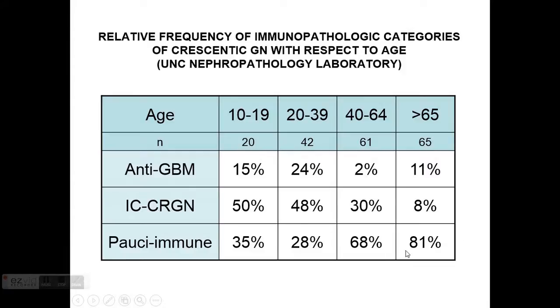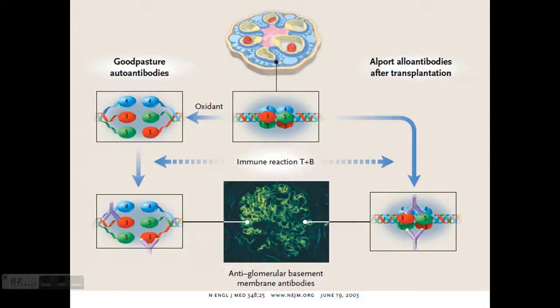It's more common in older people and over 65. It's actually really the most common form of crescentic GN. But in younger people, it's not really that uncommon either when you think about it. 35% in people that are younger than 20 years of age.